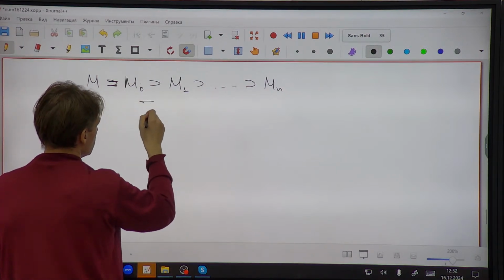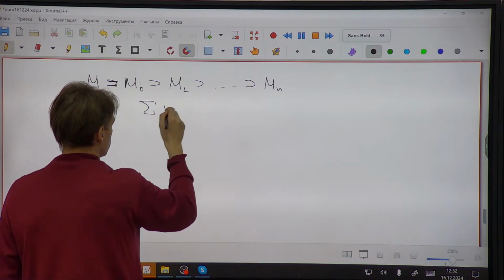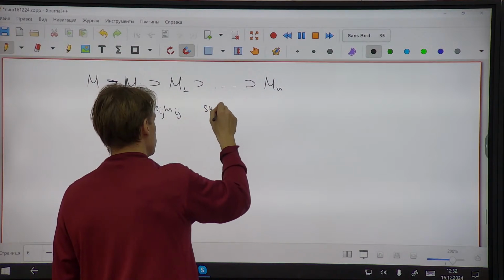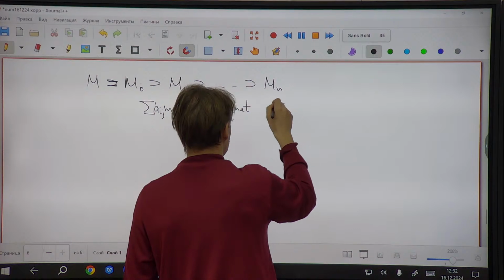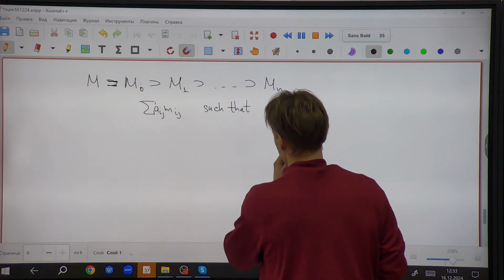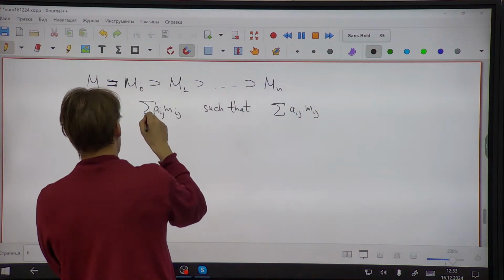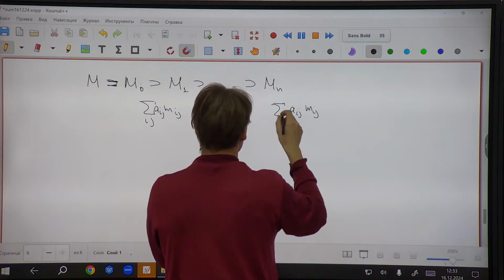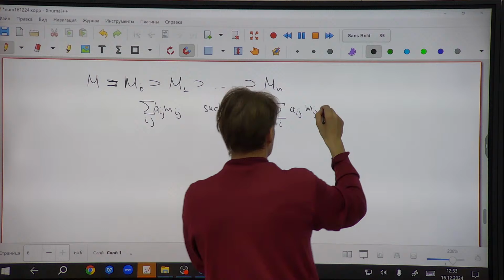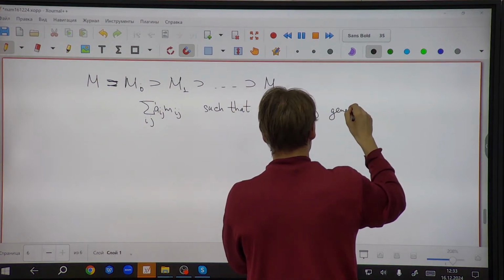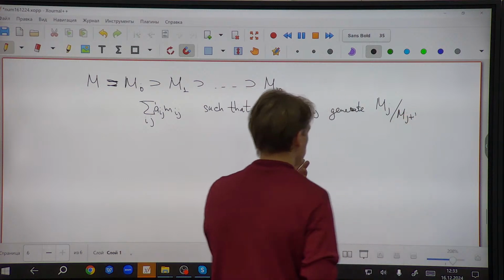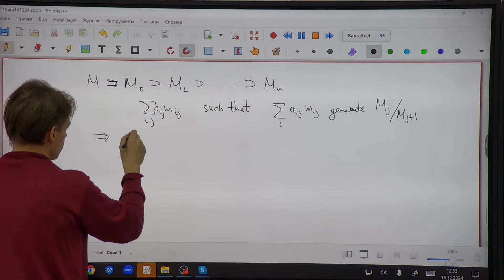And suppose that you have elements m_ij, maybe with two indices, such that if you fix the index j, the sum over i of a_i m_ij generates Mj modulo Mj plus 1. This implies that the m_ij generate M.